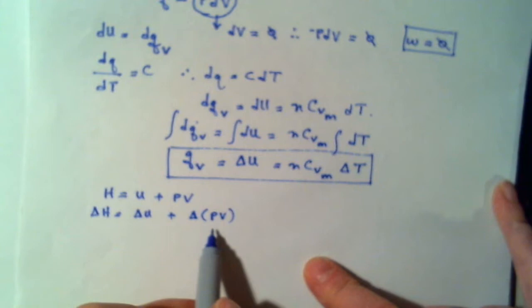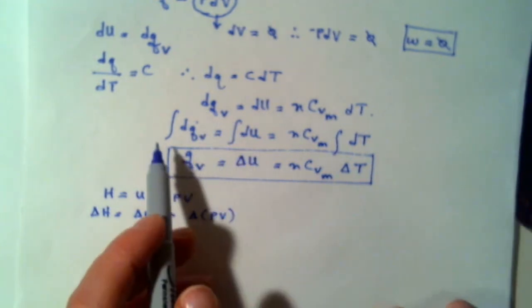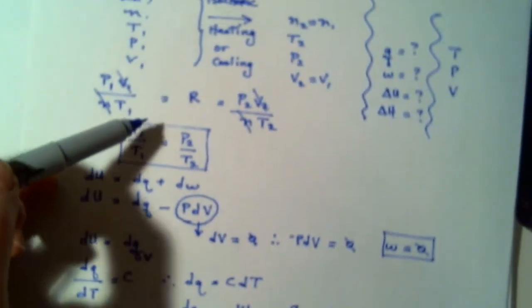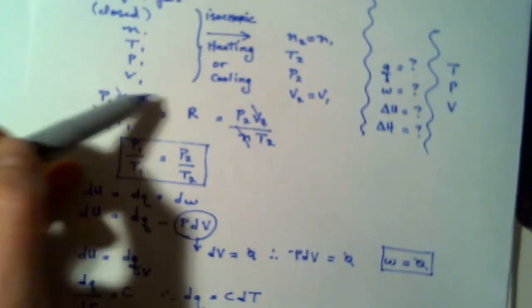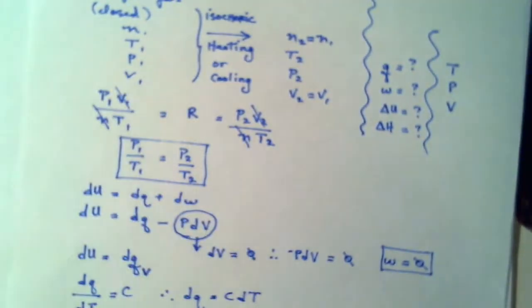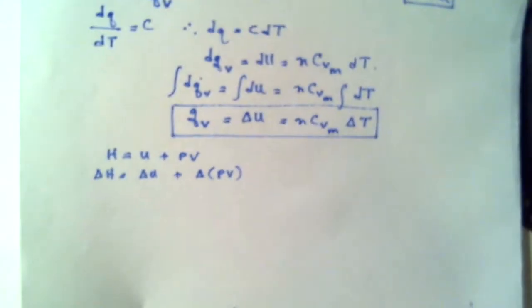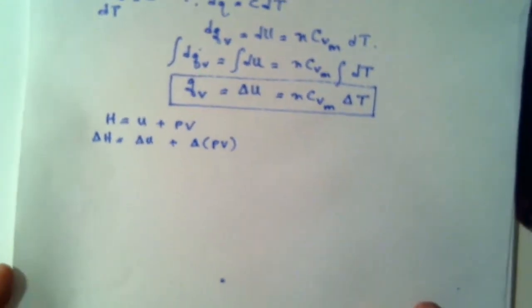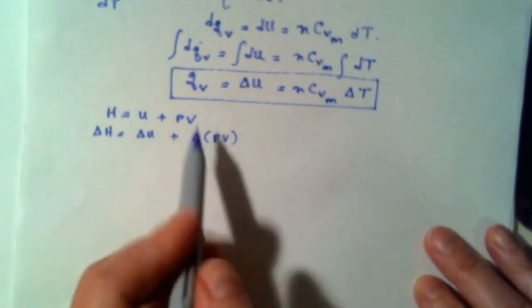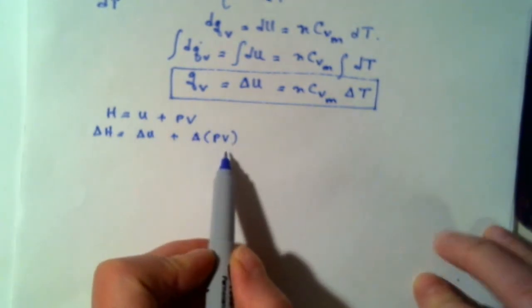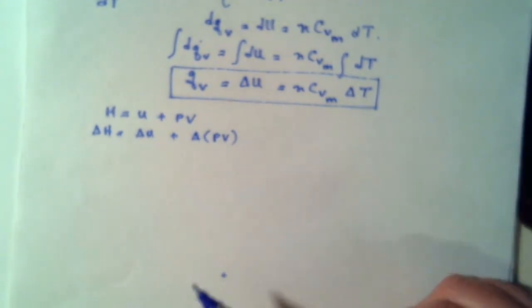What is the change in the product PV? So I could go back up here. I'm looking for the change in the product P1V1 to P2V2. So I can't keep everything in view, so let's go back here. Remember, this is a perfect gas, so I can make substitutions. But it is a constant volume process.